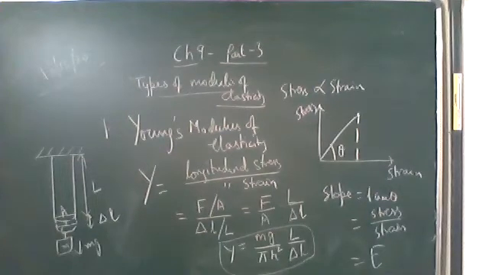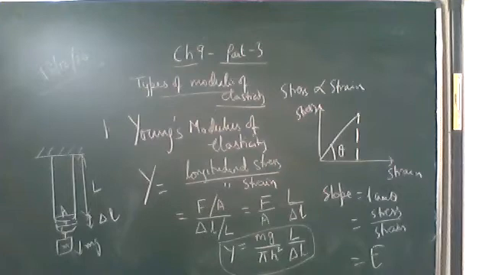On loading, let its length increase by delta L. So when it is loaded, its length increases due to the deforming force mg. The configuration changes, that is, its length increases. Let the length be increased by delta L, where the original length is capital L.